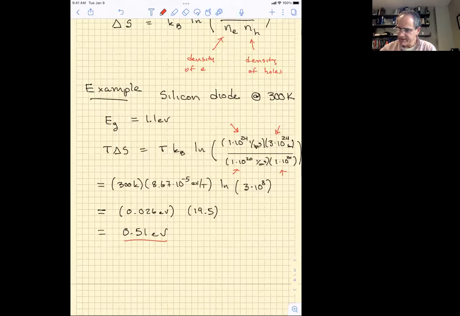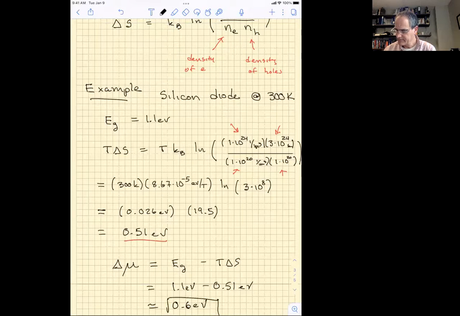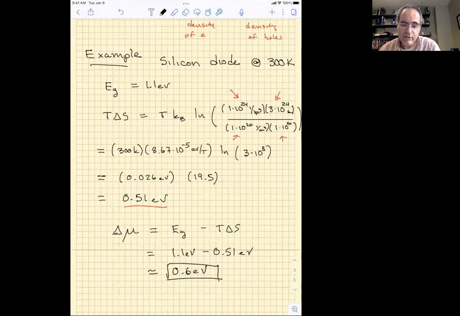Okay? And that means that the built-in voltage, let me write it like this. This means that the work that must be done per electron, which is Eg minus T delta S, will just be 1.1 electron volts minus 0.51 electron volts, which is approximately 0.6 electron volts, which, in fact, is about what we saw in our demonstration.